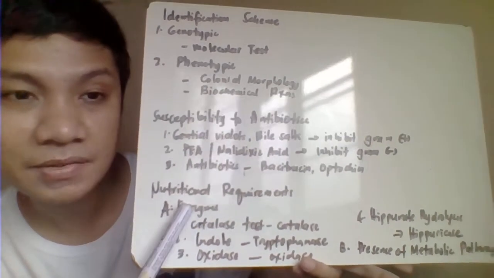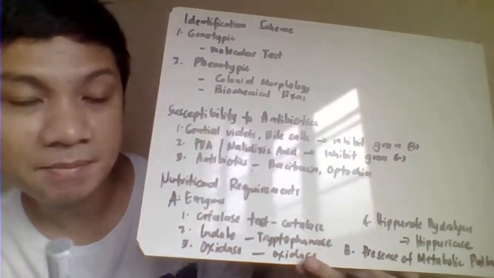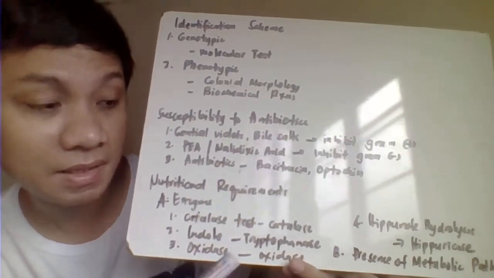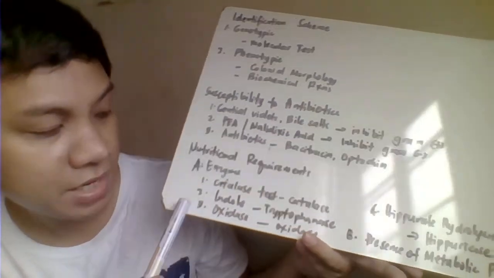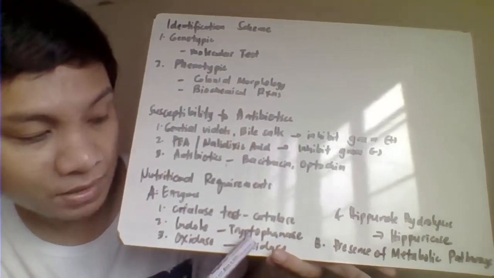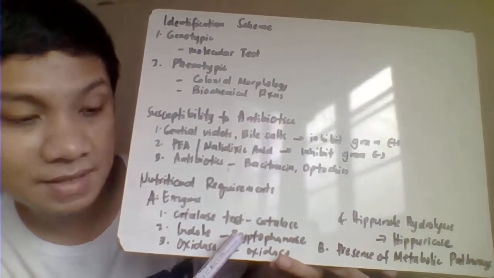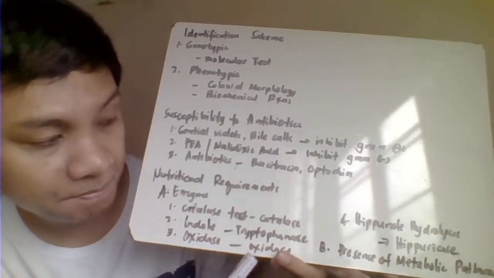The catalase test would detect the presence of the enzyme catalase. So if your bacteria contains the enzyme catalase, it will give a positive result for this test. We have also the indole test, for identification of the tryptophanase enzyme. The oxidase test is for identification of the oxidase enzyme.